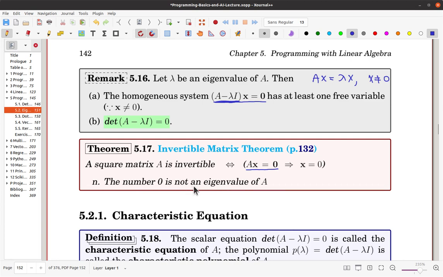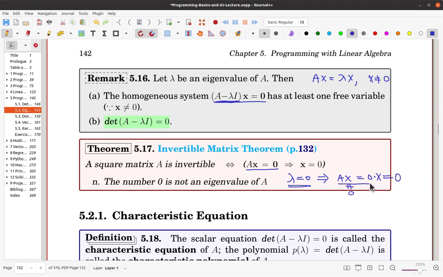Now we'll consider lambda. We assume 0 is an eigenvalue of A. We'll try to show that then A is not invertible. Then there is some non-zero x such that Ax equals 0 times x, that is 0.